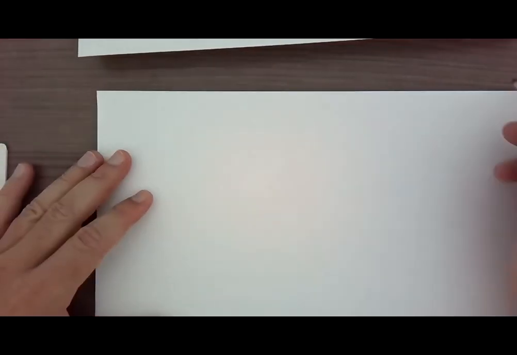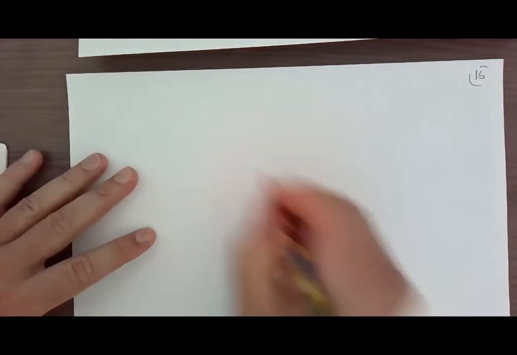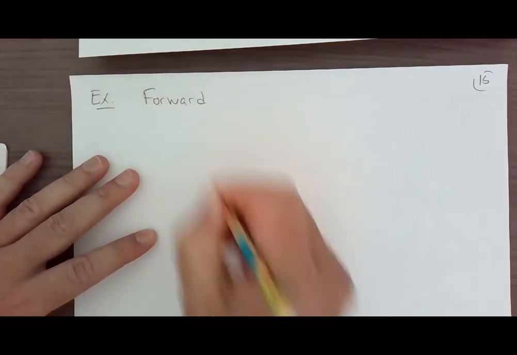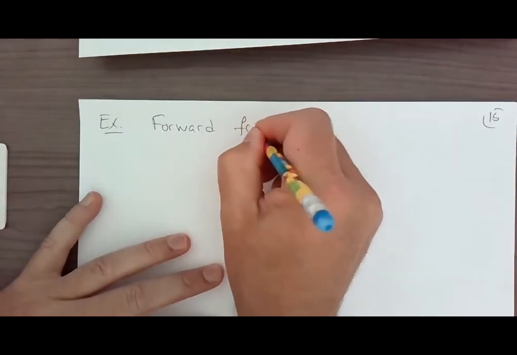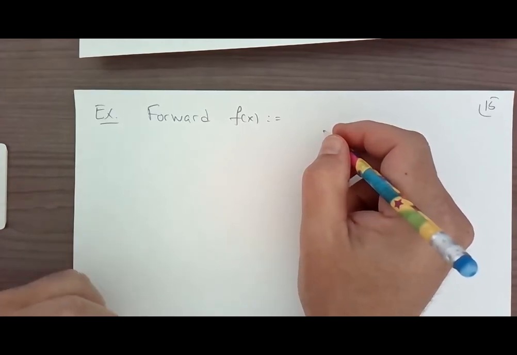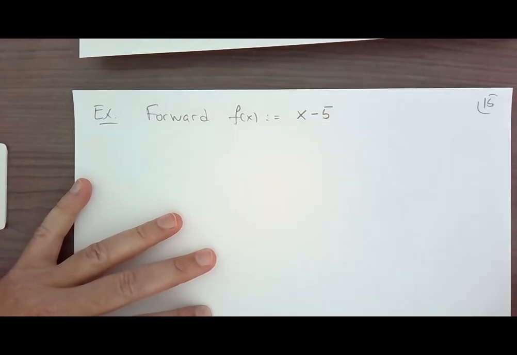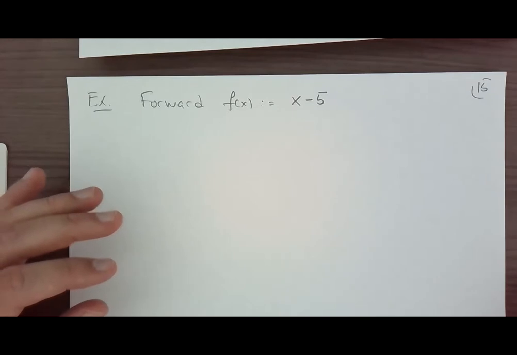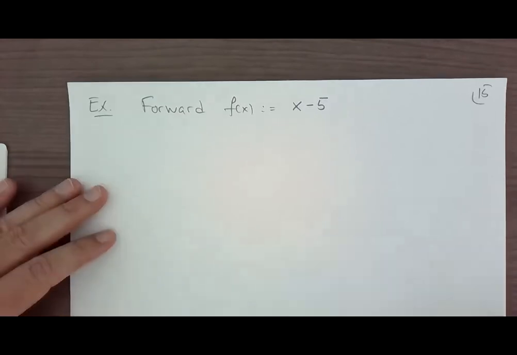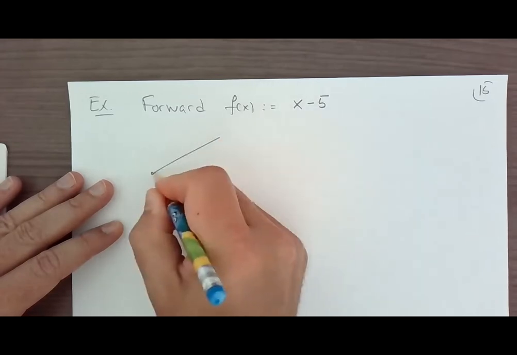The last one I want to do is the forward. I want to do the forward, and so for the long forward, we're going to have that this here is x minus, say, 5. And we had the same pictures before. We need to look at, so we have the stock.